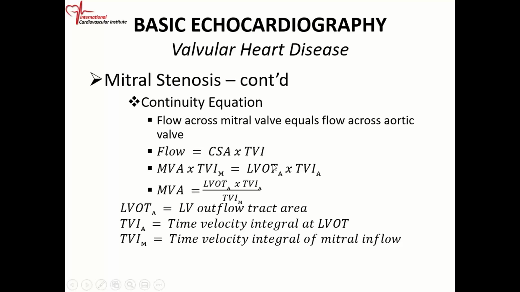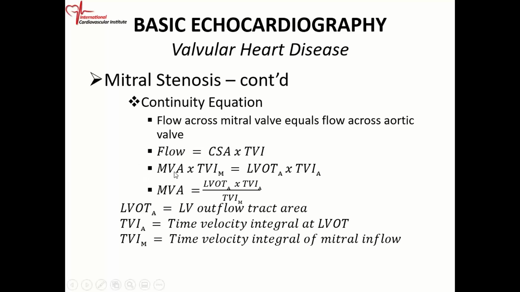The flow is going to be the same, okay? We can calculate the flow across the LVOT because, remember, you have to remember these things, it is 0.785 times d squared times the TVI across the LVOT. D is the diameter, okay?